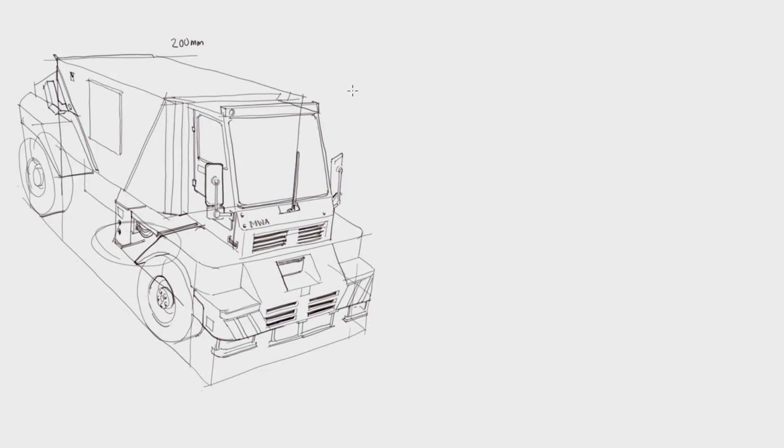Now I'm building out the form for the light that sits on top of the truck. Essentially a cone shape with the top cut off.